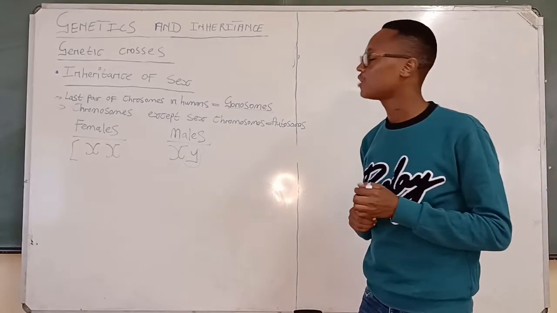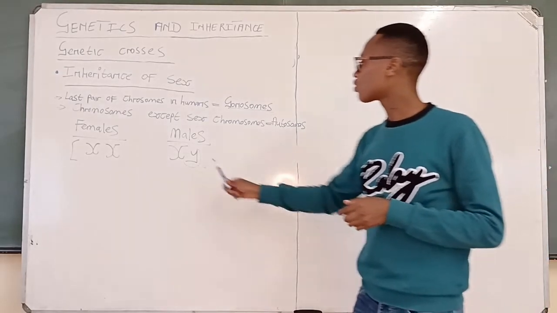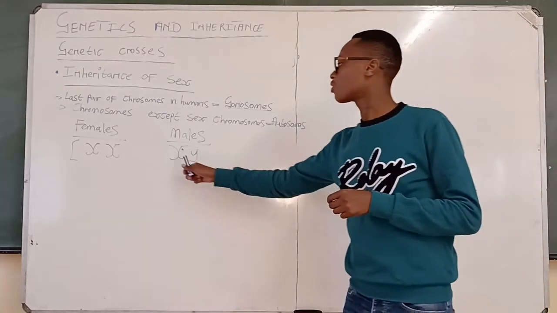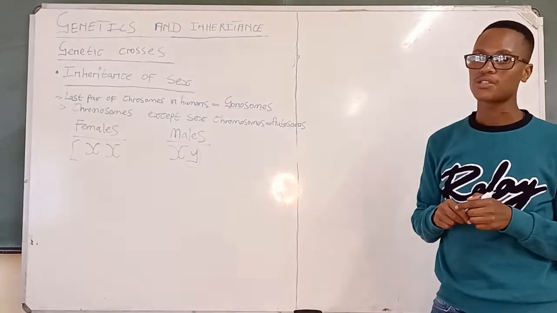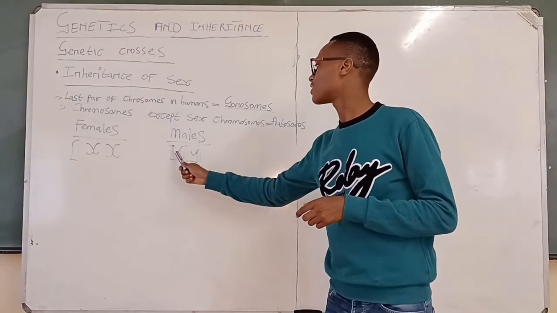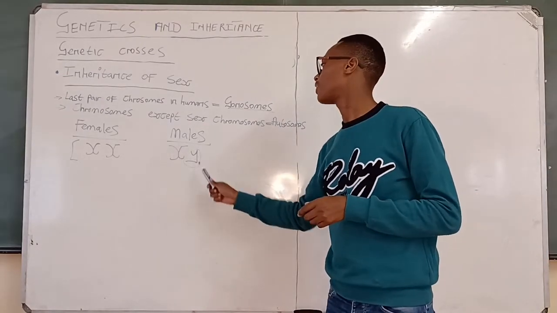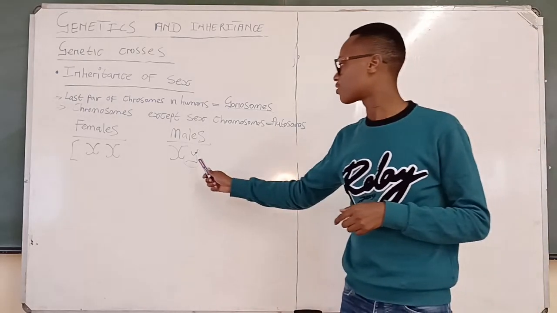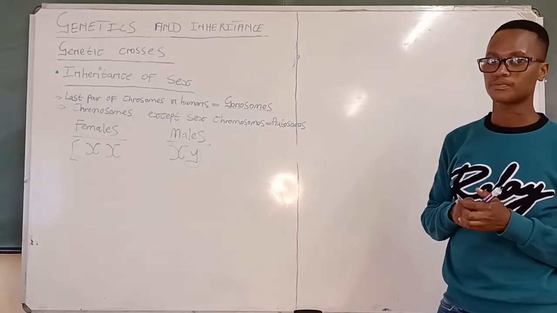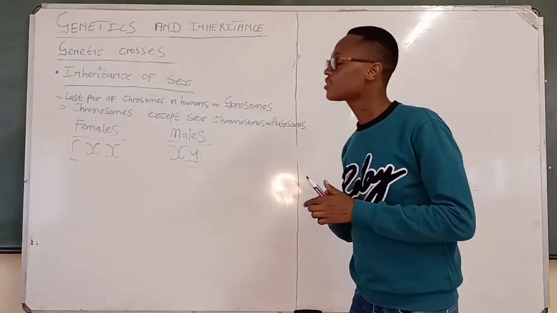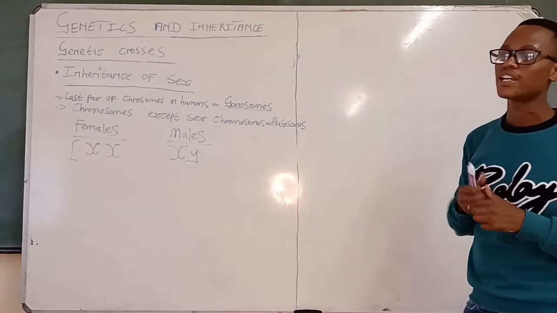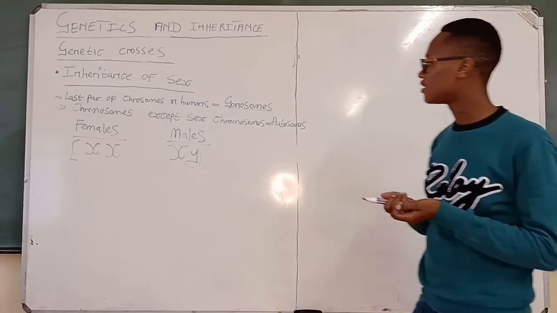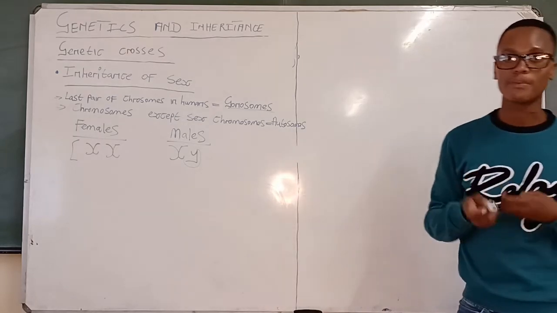Another thing we have to note is that the Y chromosome is always smaller than the X chromosome. That's why some of the characteristics present in the X chromosome are not present in the Y chromosome, because of its small size. Now let's see what the chances are of a couple having a child who is a male or a female.